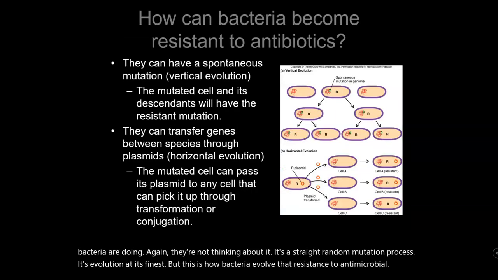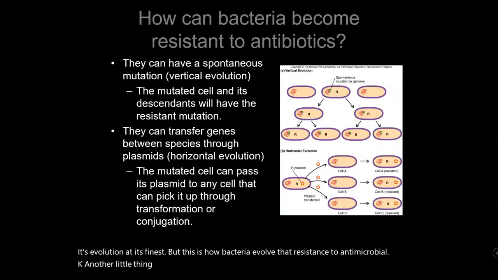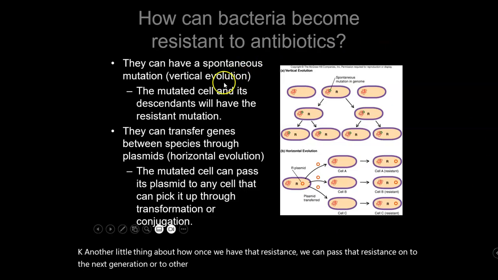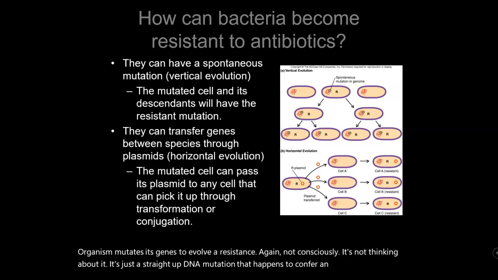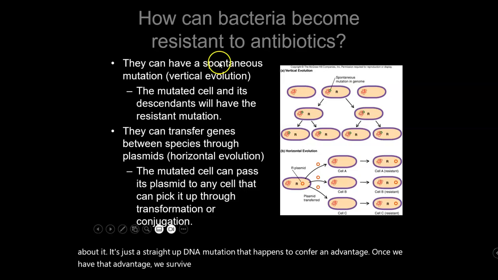Okay. Another little thing about how once we have that resistance, we can pass that resistance on to the next generation or to other species. When we talk about vertical evolution, that means one organism mutates its genes to evolve a resistance. Again, not consciously, it's not thinking about it, it's just a straight up DNA mutation that happens to confer an advantage. Once we have that advantage, we survive whenever an antibiotic gets taken.